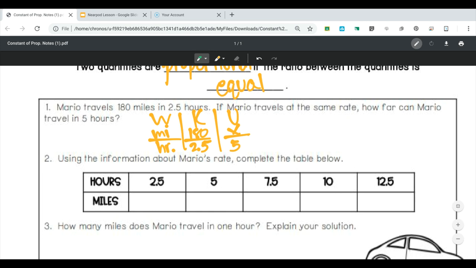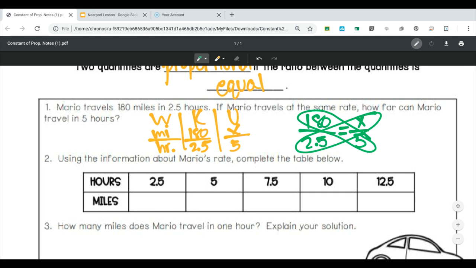Okay, so we come over here with our proportion. Okay, and then we need to cross multiply and divide.